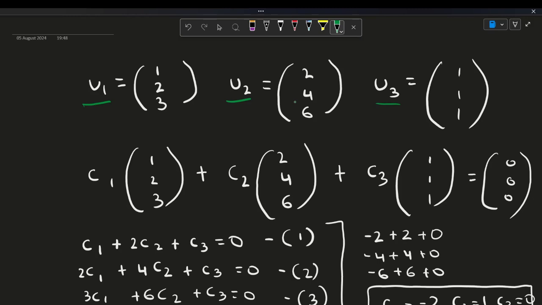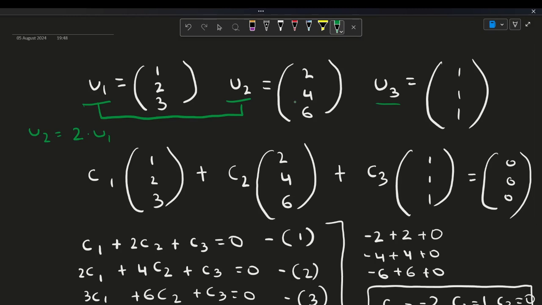We can clearly see that u1 and u2 have something in common. u2 is equal to 2 times u1. So if you multiply the first by 2, you get the first of u2, and so on. So 1 times 2 is 2, 2 times 2 is 4, and 3 times 2 is 6. So you can clearly see that u2 is just a multiple of u1.